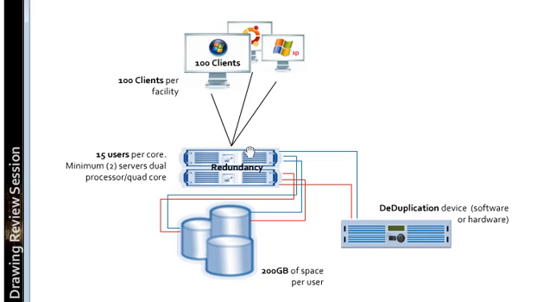Here at the data center itself, we have built-in redundancy, and we're speccing in 15 users per core, at a minimum of 2 servers that are dual processing quad core. So we've got plenty of horsepower here, and we're going to dedicate about 200 gig of space per user.